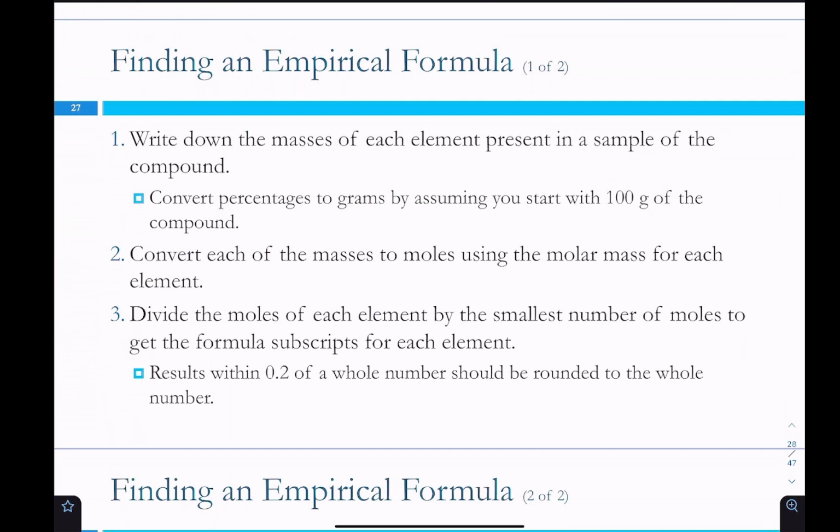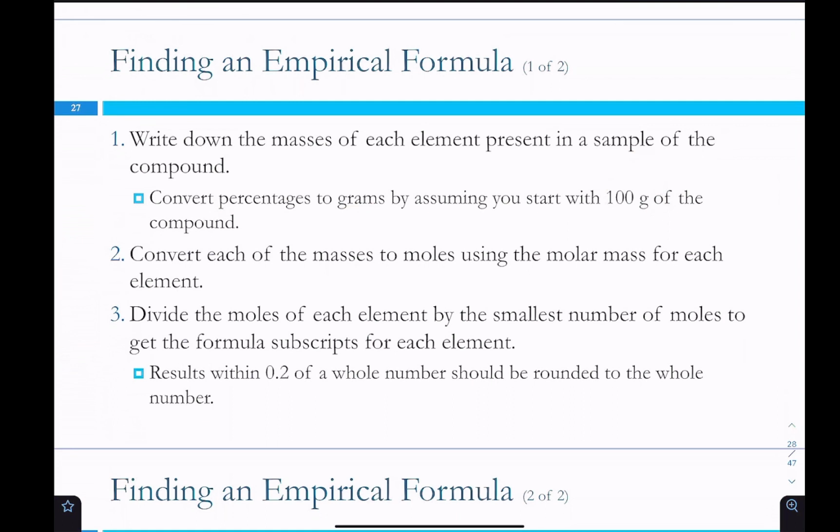Then convert the masses to moles using the molar mass for each element. After you've calculated the moles of each element, you divide everything by the smallest number of moles. Sometimes two of the elements will have very similar numbers of moles. Pick the smaller one, they'll essentially come out to 1 anyway.